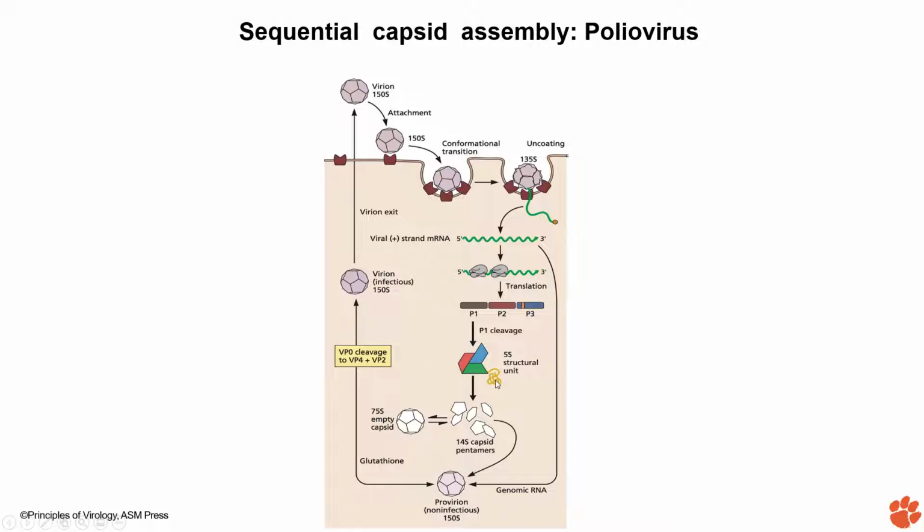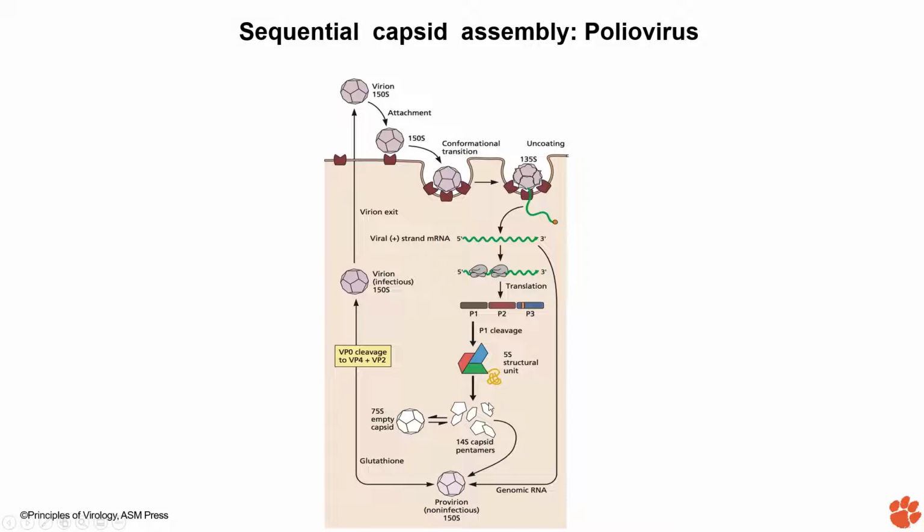Remember that this is your VP0, these together, the green and this one, are VP2 and VP4, and they are not cleaved yet in here. When VP4 and VP2 are cleaved, it will become an infectious virion particle, which basically buds out of that cell. There are certain lipid molecules associated with that for these interactions. I've written it in detail, but again, the basic idea is needed.